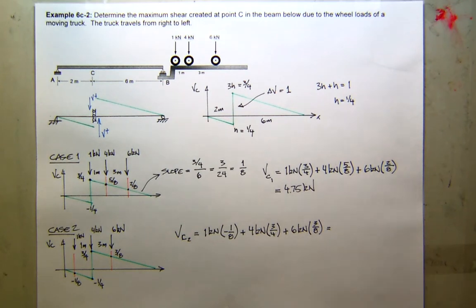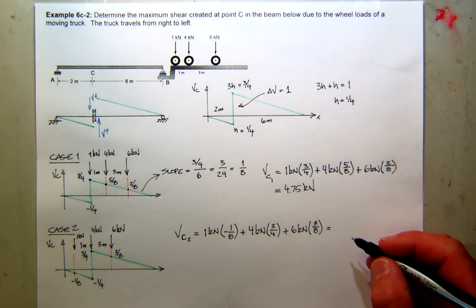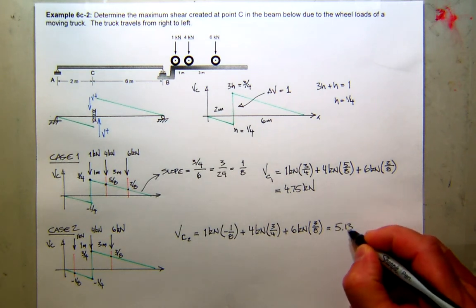I don't know what that is. 5.13. 5.13? Yeah. 0.13? Yeah, 0.125. That's close enough. 5.13. And that'll be kilonewtons.